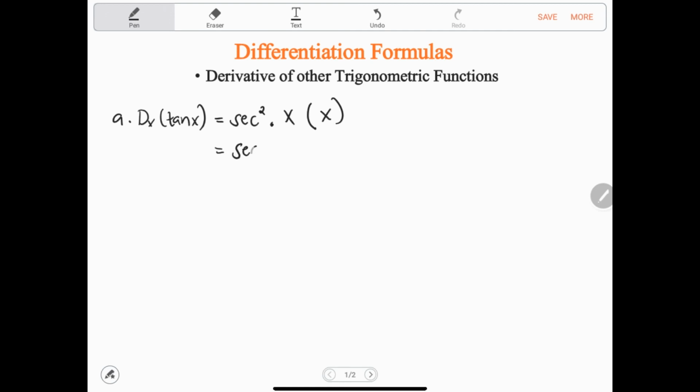So secant squared x times the derivative of x, which is equal to 1. So it's going to be secant squared x times 1, which is equal to secant squared x. So that's it.